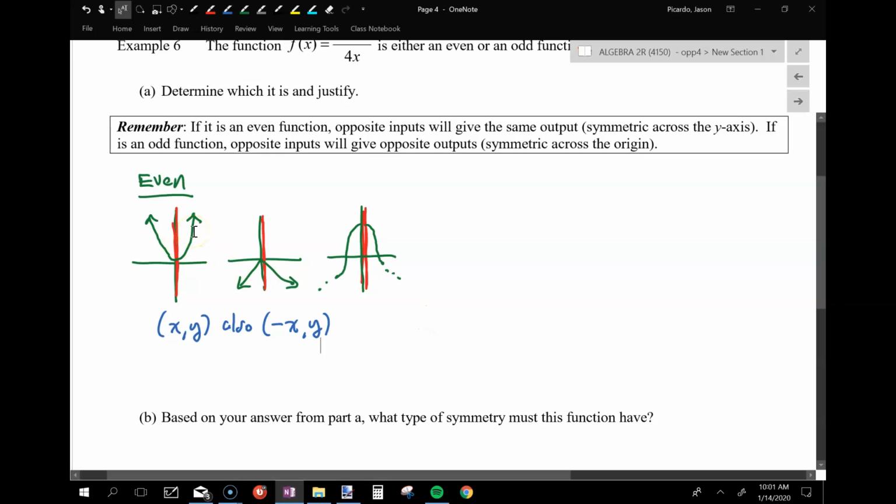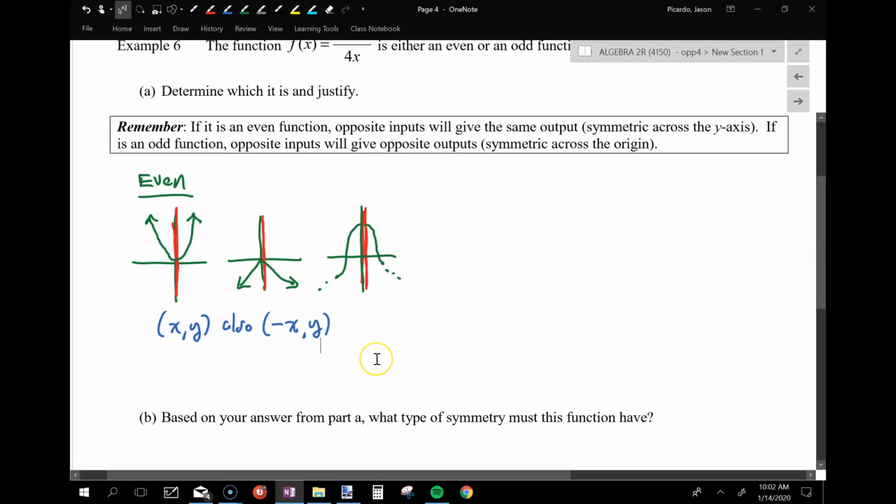If this is xy, do you see how there's another one on the other side that's the same y position, but the opposite x position? Same height, opposite x position.